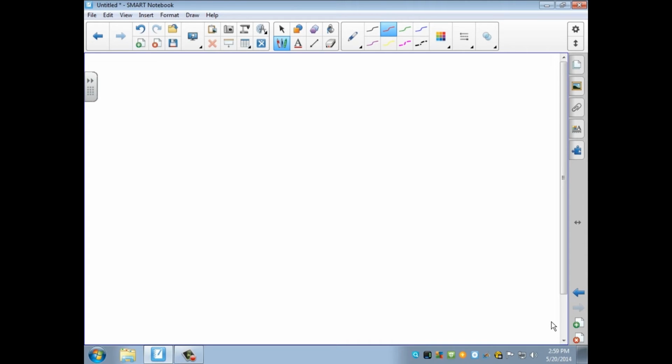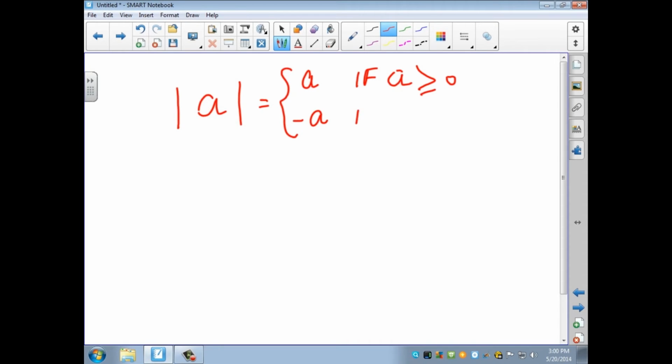What we need to know is that the absolute value of A is equal to A if A is greater than or equal to 0, and is equal to minus A if A is less than 0, if A is negative.